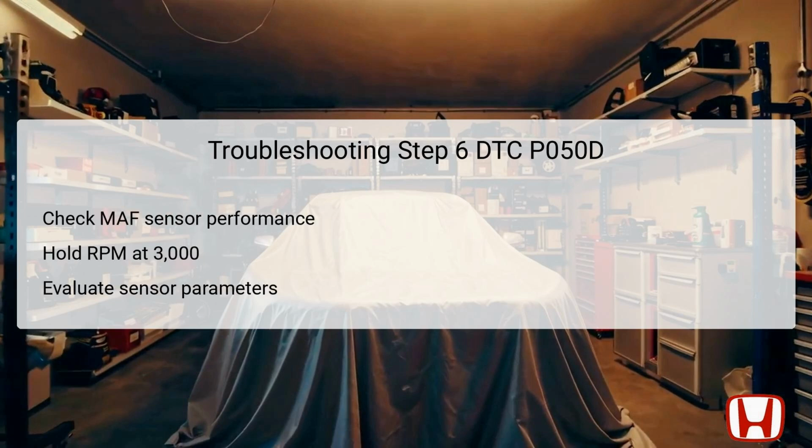The sixth step revolves around evaluating the performance of the mass airflow sensor. To conduct this check, start the engine and maintain an engine speed of 3,000 revolutions per minute (RPM) in either park or neutral until the radiator fan activates. While performing this test, it is important to hold the engine speed at 2,500 RPM for 30 seconds, and then check the MAF sensor parameters using the HDS.